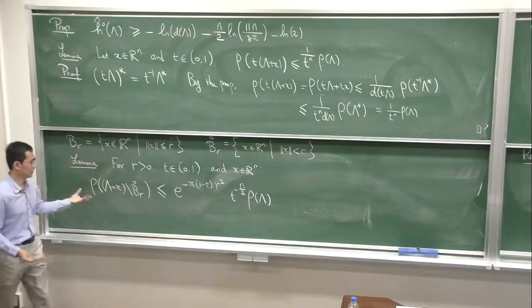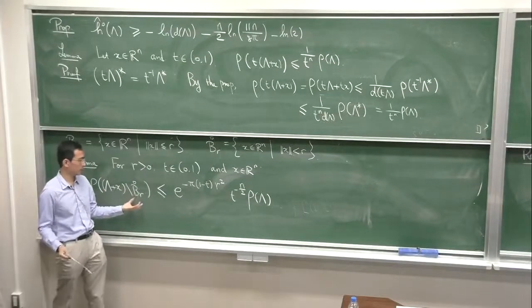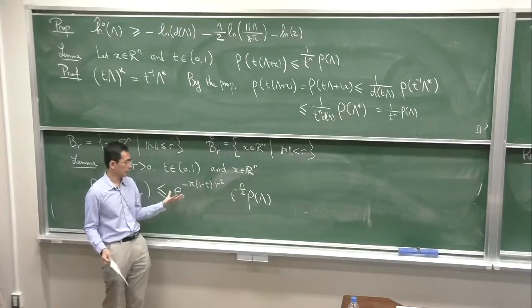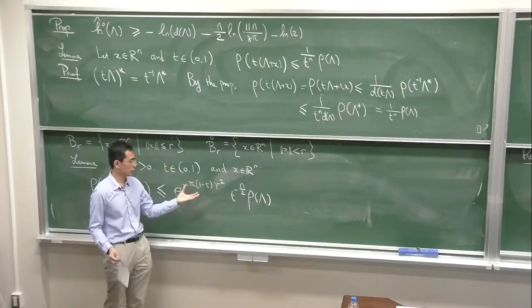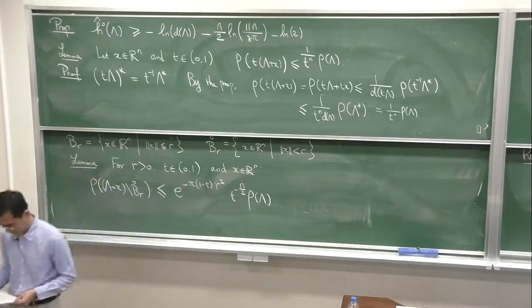So it says that if you don't consider points near the origin, then you will have some extra coefficient which is very small.